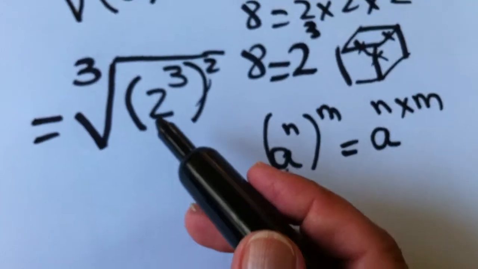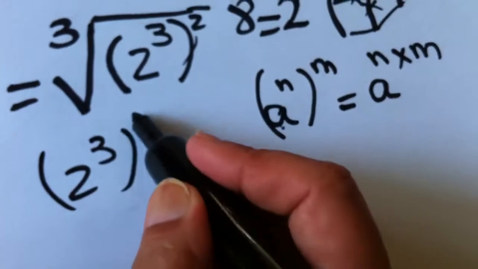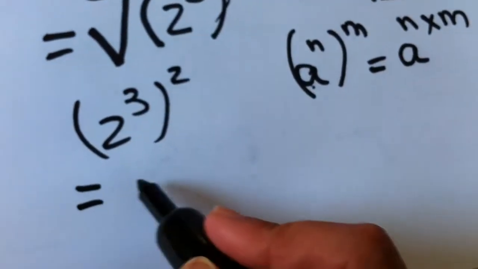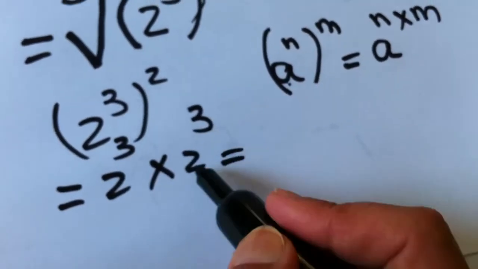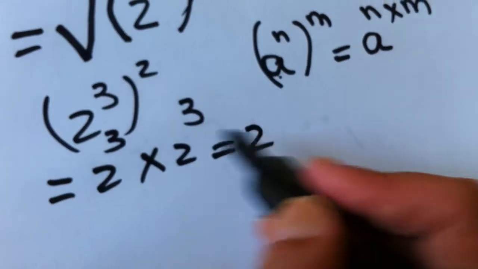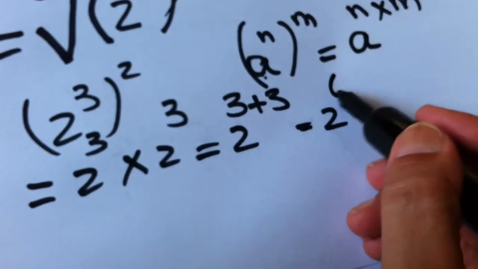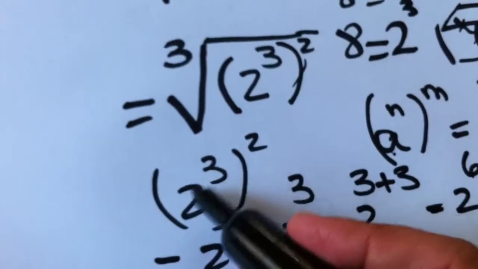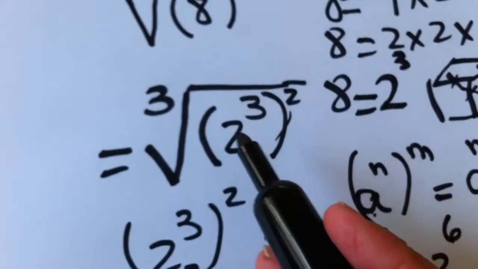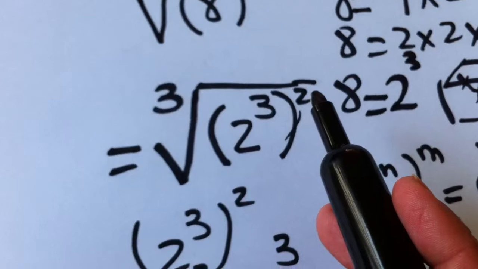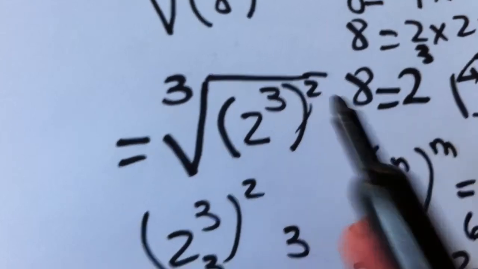Another way to understand it is that 2 cubed raised to the second power is exactly like saying 2 cubed multiplied by itself. The base stays the same and the powers get added. Or we can just say we multiply 3 times 2. So 2 to the third power raised to the second power, 2 cubed squared, is 2 to the 6th power.